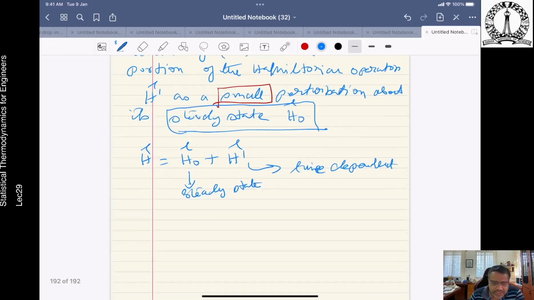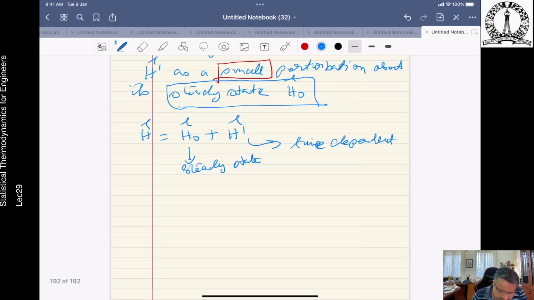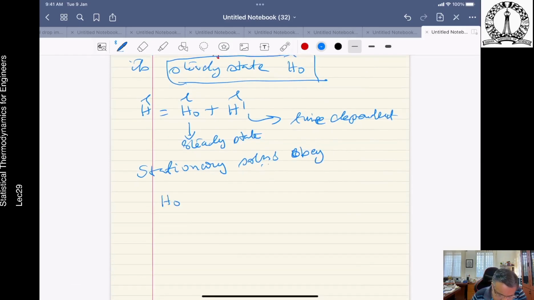So the stationary solutions obey H naught psi n is equal to i h bar d psi n by dt.